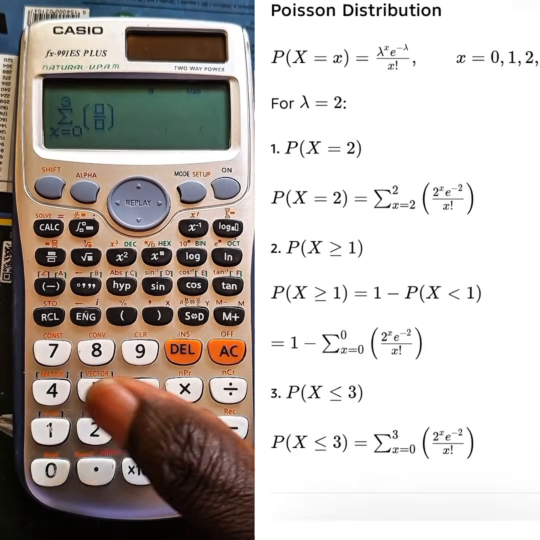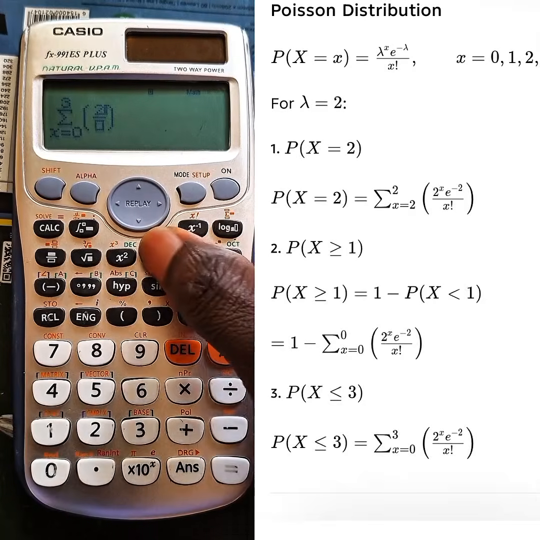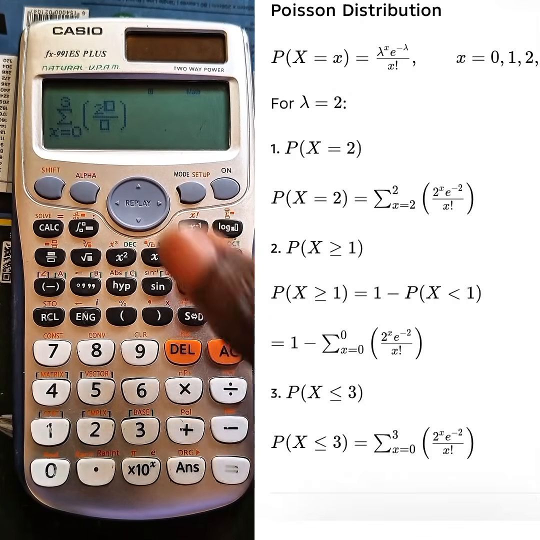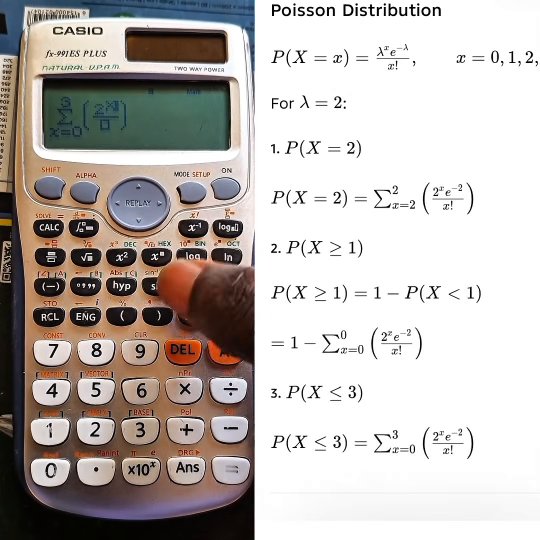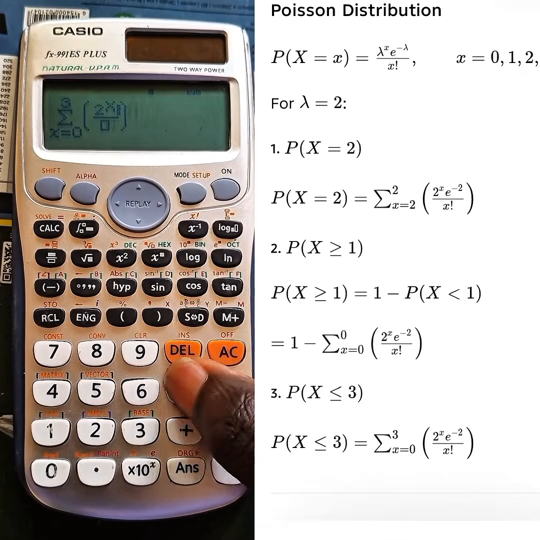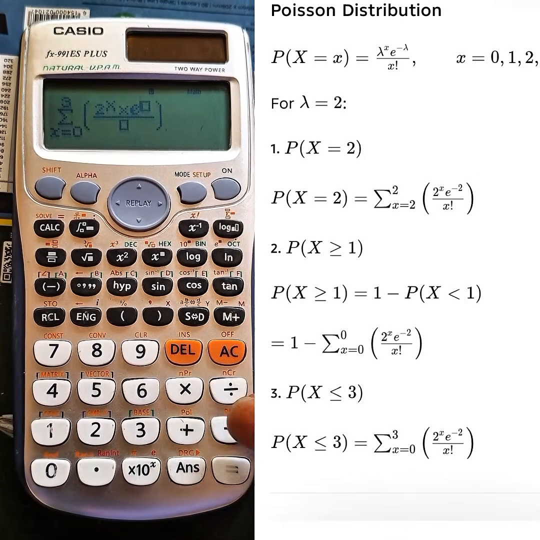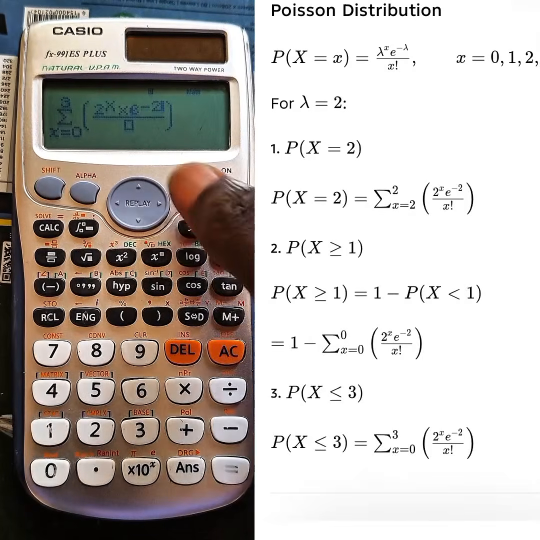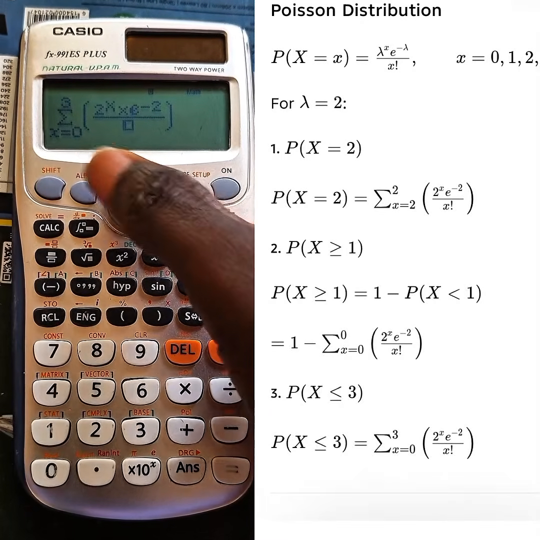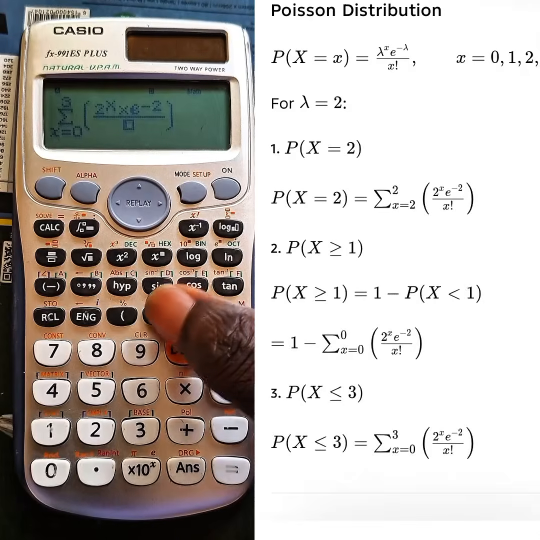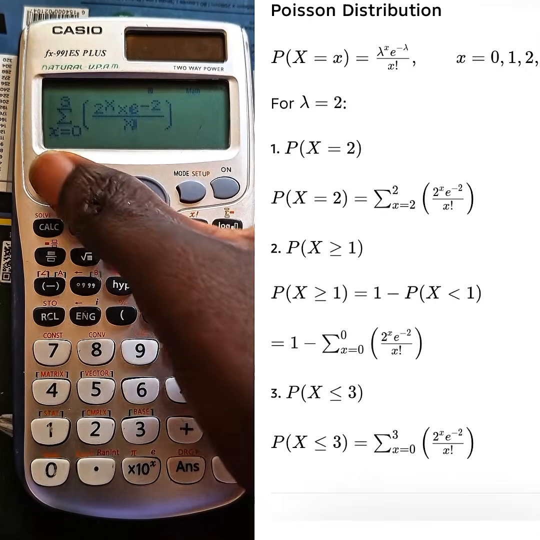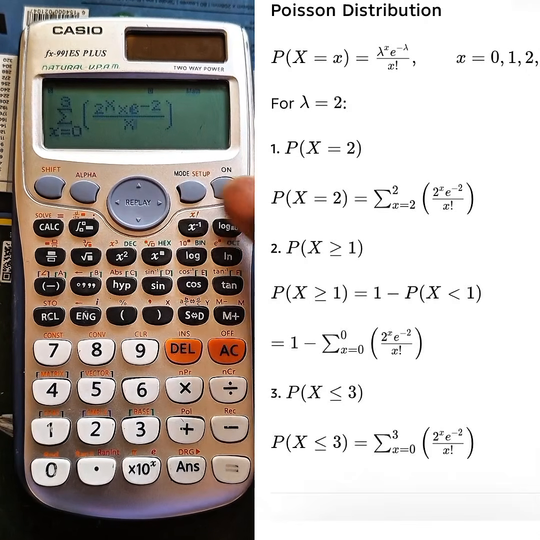It's going to be 2 to the power of alpha x, come down, then times shift exponential minus 2, then you come back to the denominator, alpha x, then shift factorial.